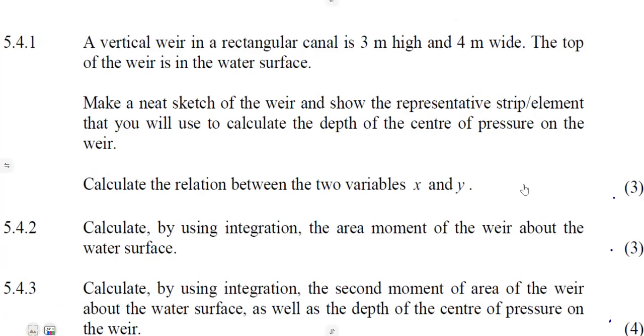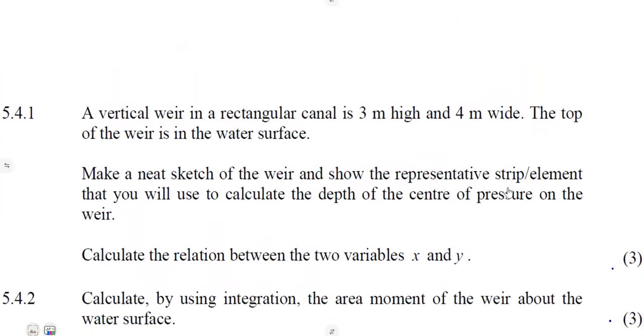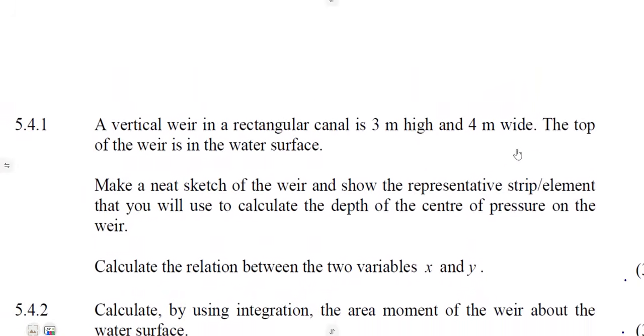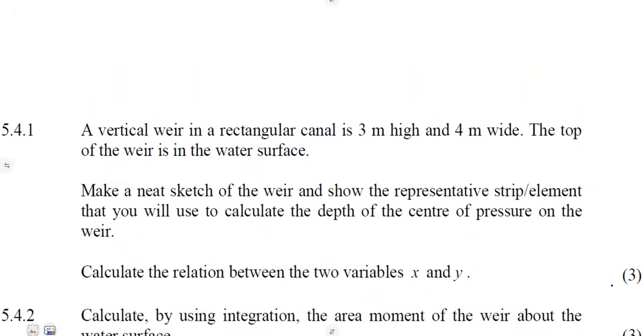A rectangular weir again. So this one, guys, is just like the previous one, but it's different at the top. This is August. I just need to finish, guys. A vertical weir in a rectangular canal.